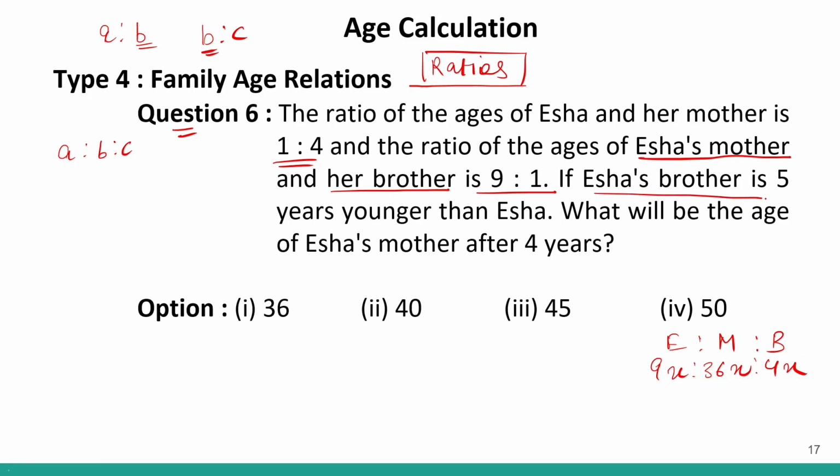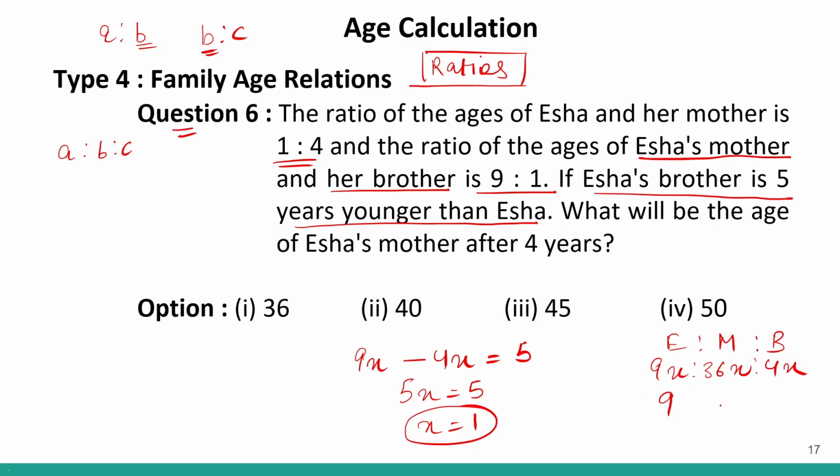Now, Isha's brother is 5 years younger than Isha. So Isha is 9x and brother is 4x. So he is 5 years younger. So 9x minus 4x gives me 5. So 5x equals 5. That means the x value will be 1. So if I put x as 1, value of Isha will be 9, value of mother will be 36 and the value of brother will be 4.